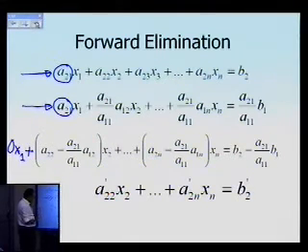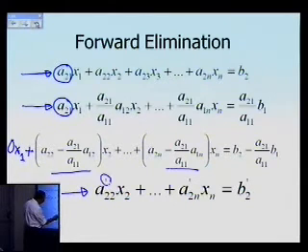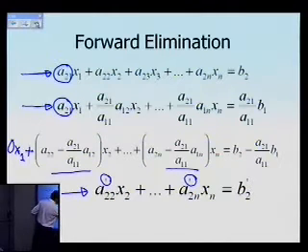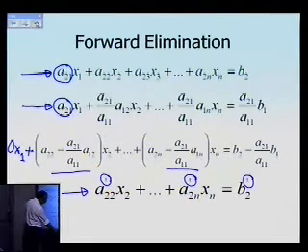The coefficient of x1 is 0, but these other terms of course change, and hence I get the second equation to be something like this. I use this prime notation to tell you that this coefficient, this element, has changed. But the main thing to understand is that there is no x1 term in the second equation anymore.